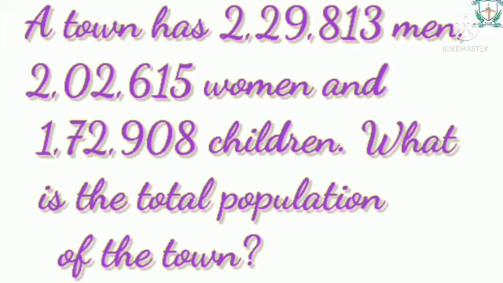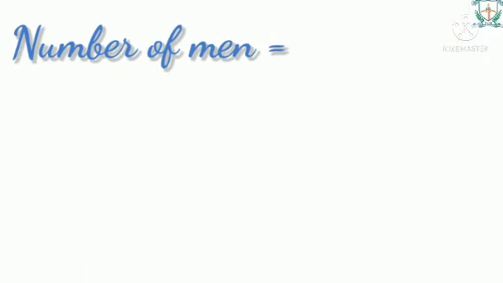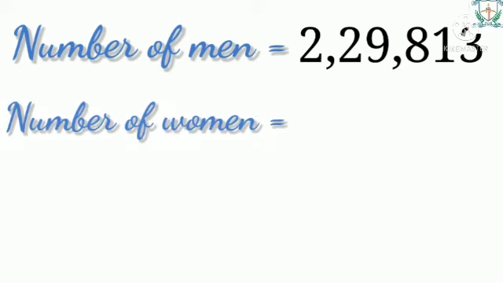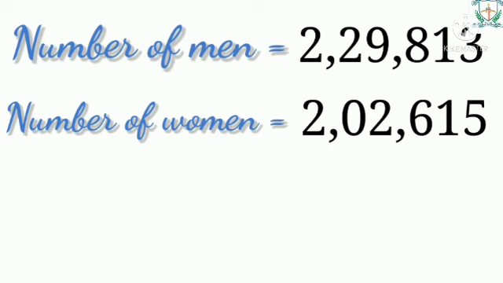For the word problem given, let us write the statements. The first statement would be number of men in a town. That is 2,29,813. Second statement, number of women in a town. That is 2,02,615.